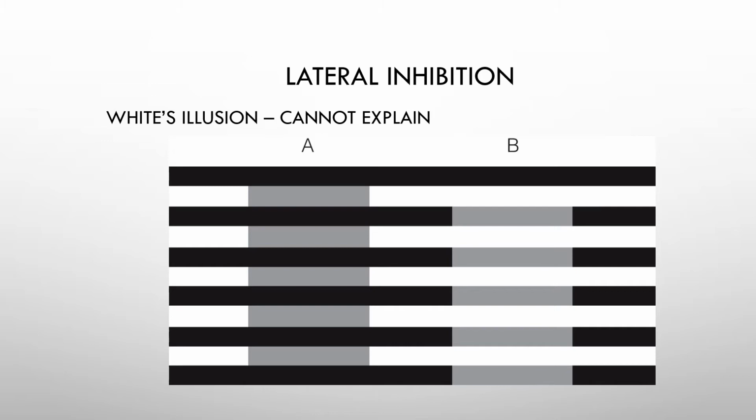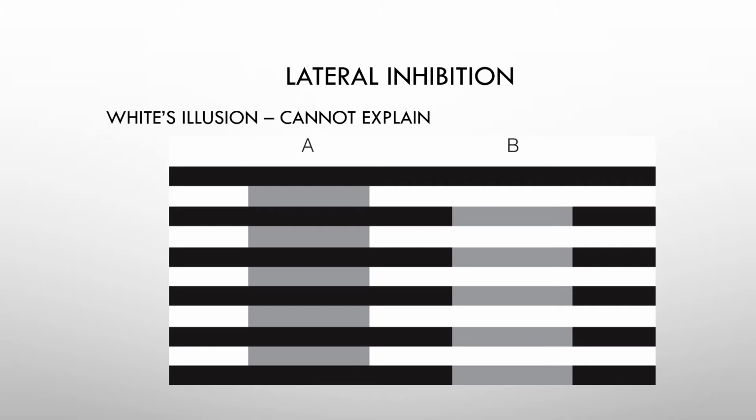So that's annoying. White's illusion shows that context is really important, and that we're interpreting that gray rectangle as being on a white background with black stripes coming through it. And so that larger context is brought to bear, and lateral inhibition cannot easily explain that.